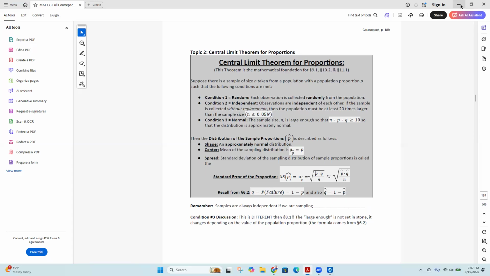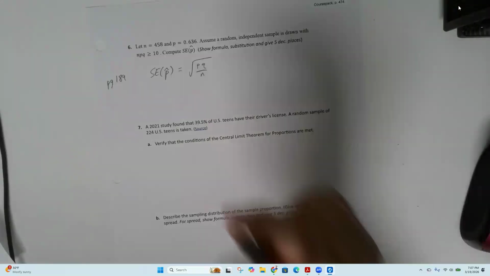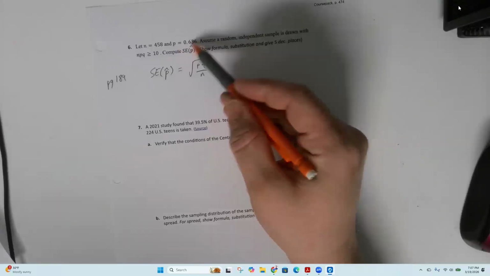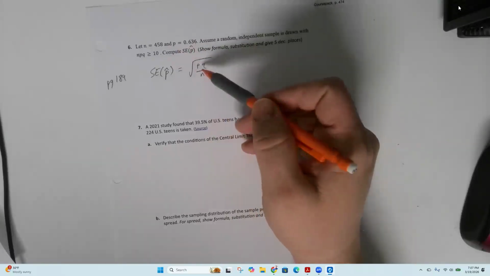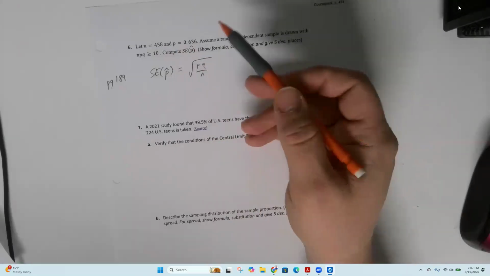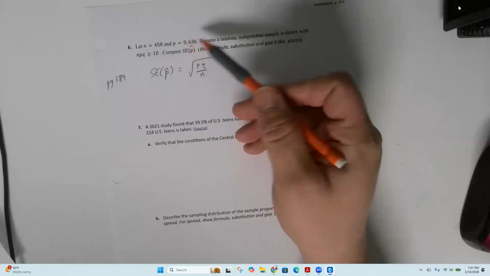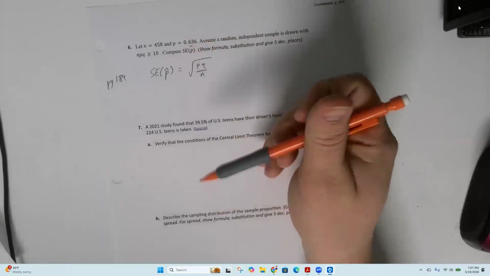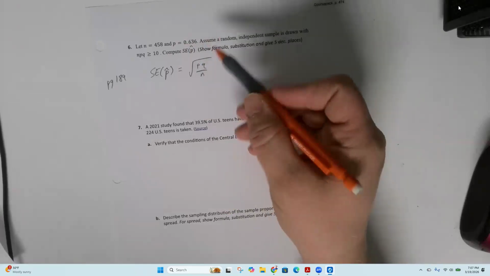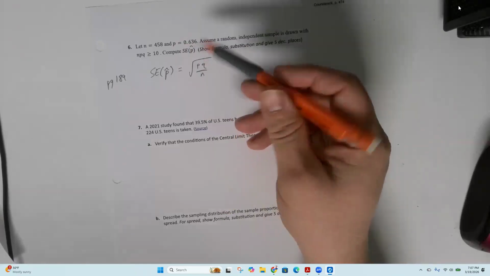How do I tell which one to use? Well, you're never going to have both. So if they give you p, use p. If they give you p hat, use p hat. You're never going to have both because if you have the population proportion, there's no point in taking a sample. There's no point in calculating p hat because you already know what p is.